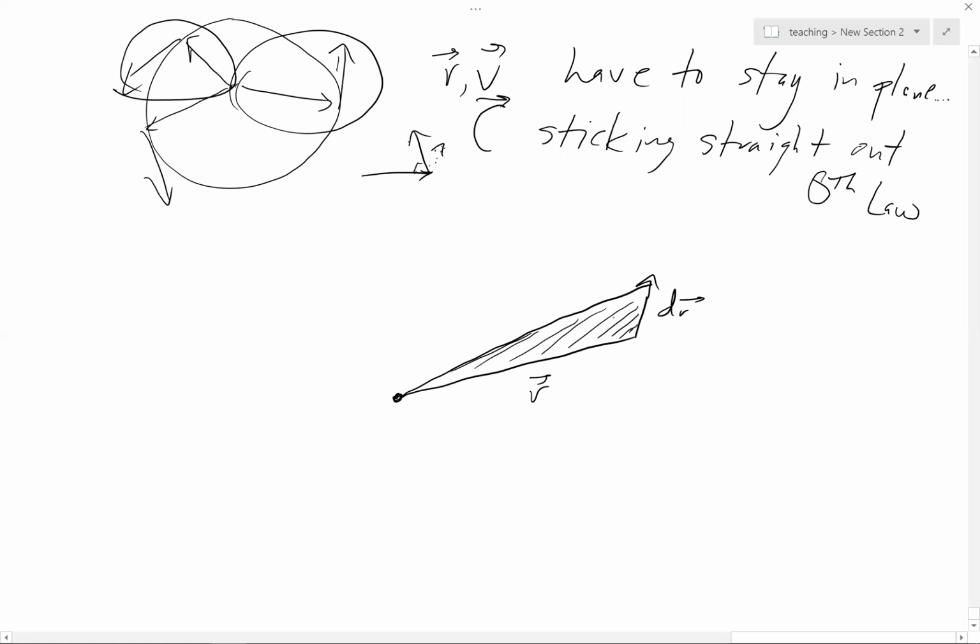We already saw in the homework that the area of this triangle, which we'll call dA, is equal to the magnitude of the cross product of those two vectors divided by 2. If I didn't divide by 2, I'd get this whole parallelogram, and dividing by 2 gives me just that triangle, right?